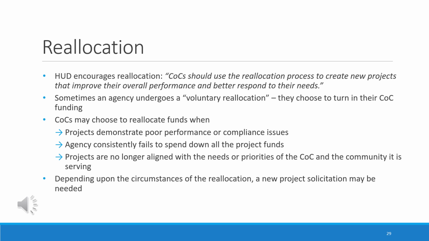If reallocation is due to performance issues, then the CoC would ideally use some type of evaluation process to determine where there are issues with projects. Depending upon the circumstances of the reallocation, a new project solicitation may be needed after reallocation. For example, the CoC may wish to set aside reallocated funds for a specific use, or to serve a specific subpopulation, or there may just be timing issues.